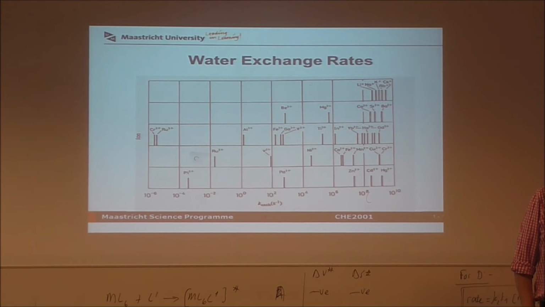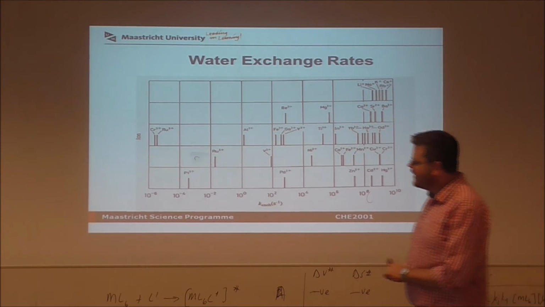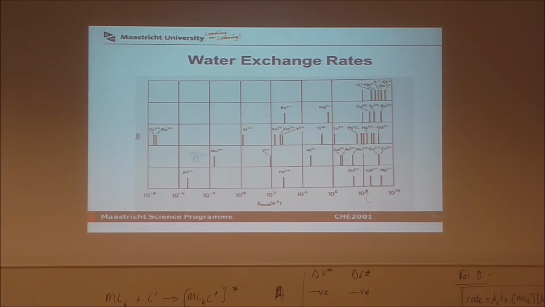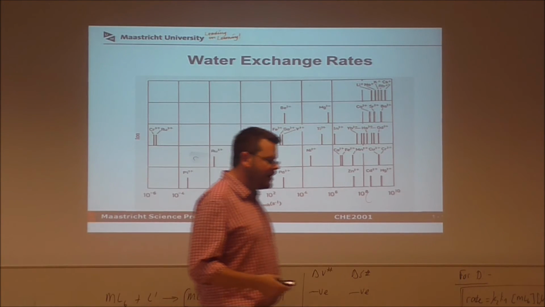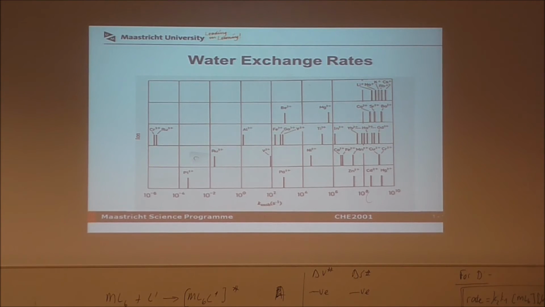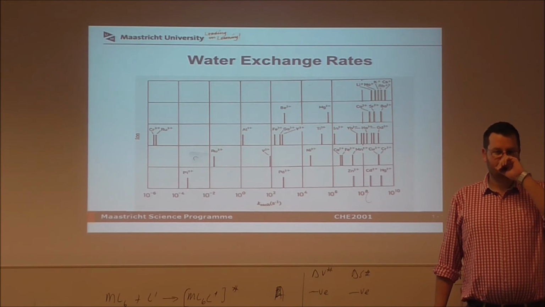Okay. Now how this works is, well, before I get to the actual mechanistic details, I just want to show you, and I find this quite remarkable, here we have a table of water exchange rates. In other words, if we imagine taking complexes or metals with water molecules coordinated to them, and we exchange those, look at this enormous range of rate constants, 16 orders of magnitude.